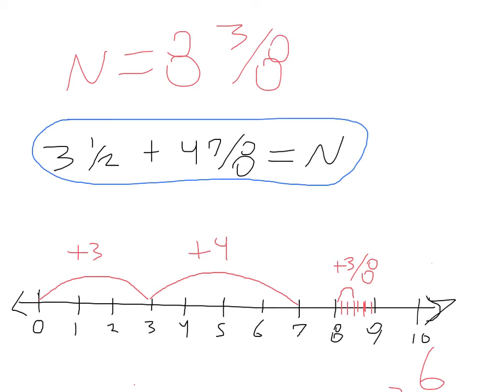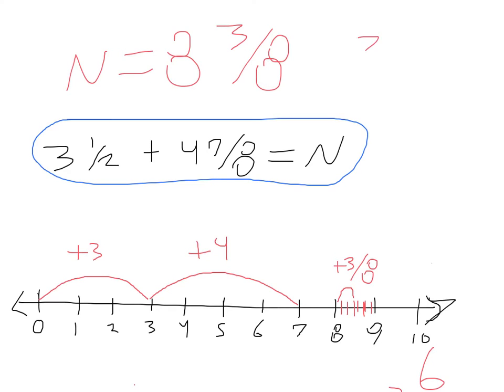Let's review one more time quickly what happened here. So what we did was we first added the whole numbers 3 and 4 to the number line. We showed 3 and then 4. Easy enough. Which left us with 1/2 and 7/8 left to add. We added those together and found a common denominator for them in 16.